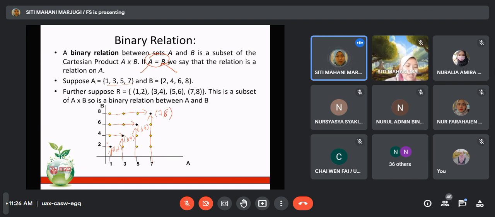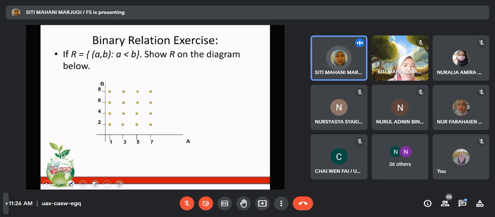This is a relation, which we can write as S. This is a subset of A Cartesian B, a binary relation between A and B, from axis A to axis B.